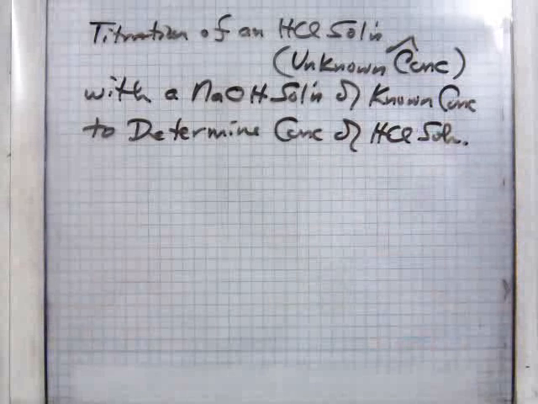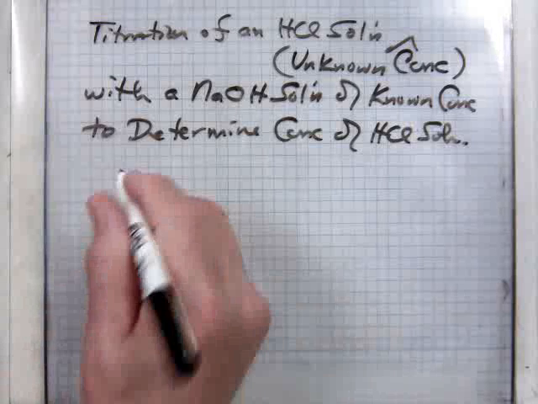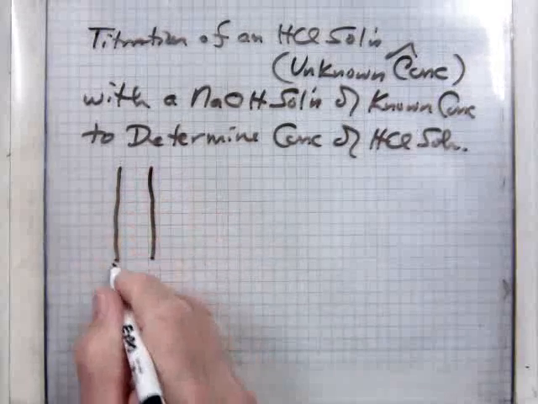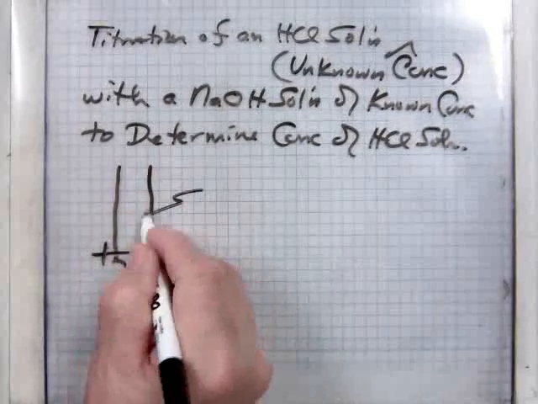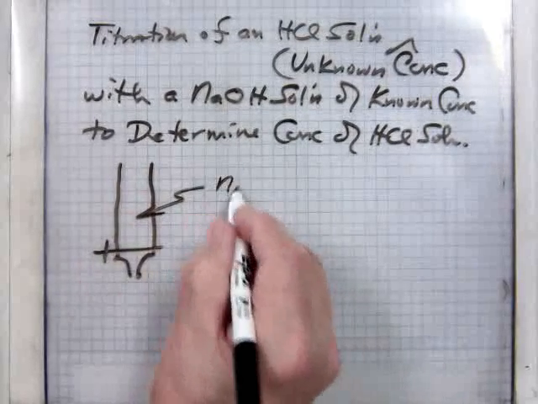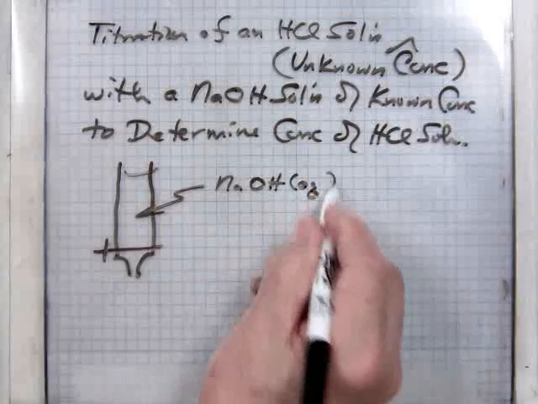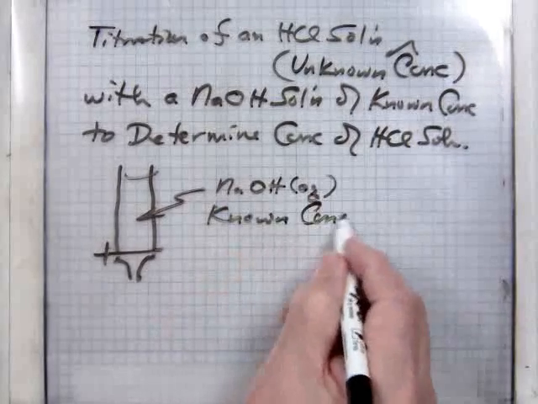Okay? And so on Monday, I'll demonstrate this and show you how to do it, and then you'll go repeat it just for reinforcement, but it will be just like what we showed you in the lecture. And here we'll have the sodium hydroxide aqueous solution, and this will be a known concentration.